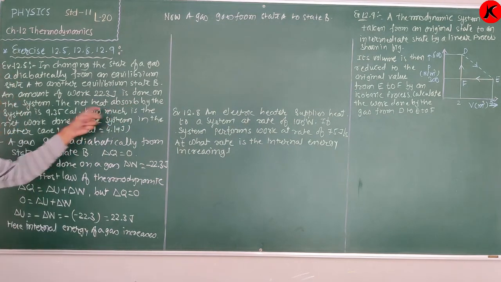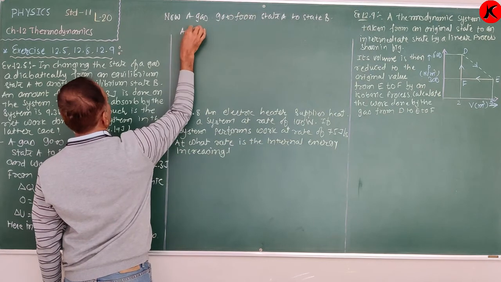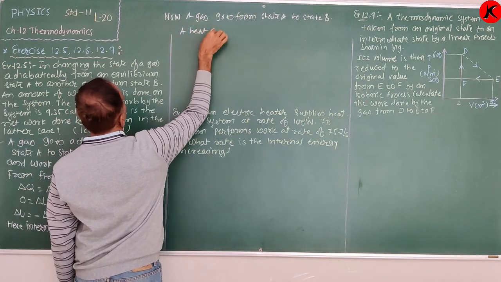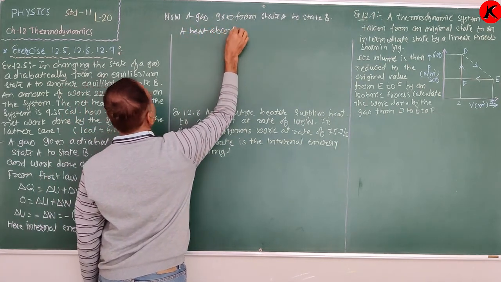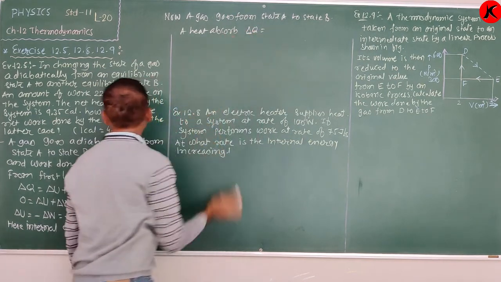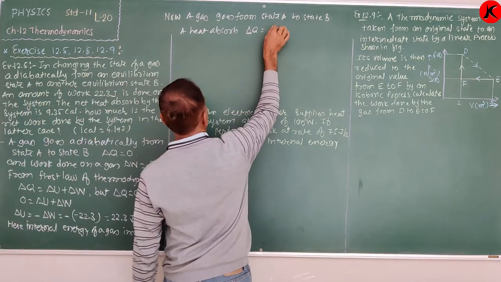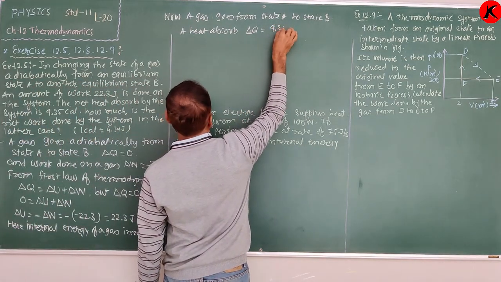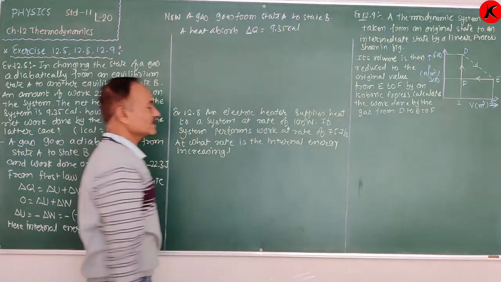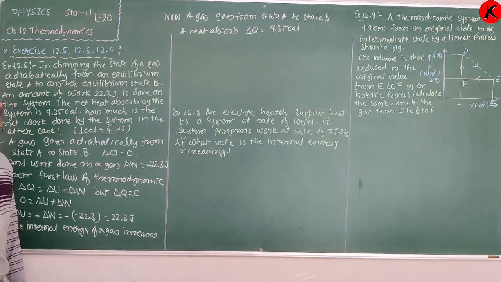The heat absorbed, delta Q, is equal to 9.35 calorie. Convert it into joule. Here the relation is given: 1 calorie is equal to 4.19 joule.